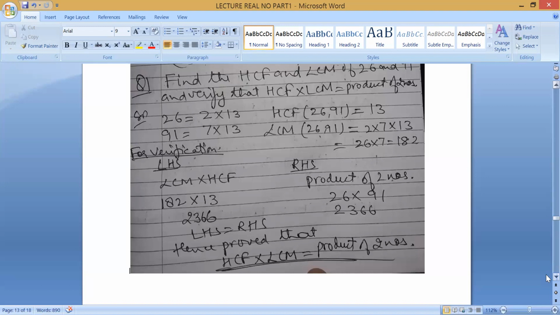Sometimes a 1 mark question may come in the exam. Two prime numbers P and Q may be given, and the question is to find the HCF of the two prime numbers. So you will say the HCF of two prime numbers will be 1.